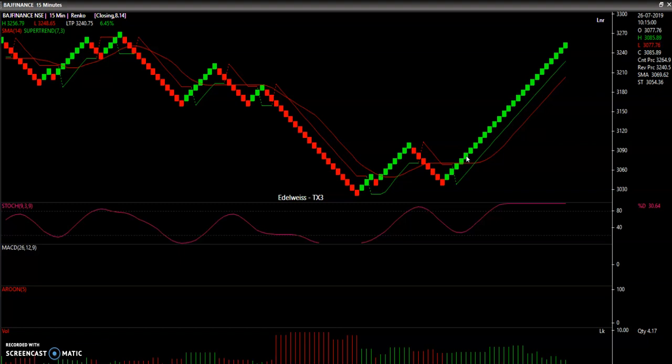But if you identify one such trade today, that we identified in Bajaj Finance at nearly 3,000 odd level or 3,050 level, if you had entered, you would have earned 200 points on the higher side. You carry your trade, you don't square off your trade, you let your profit maximize.